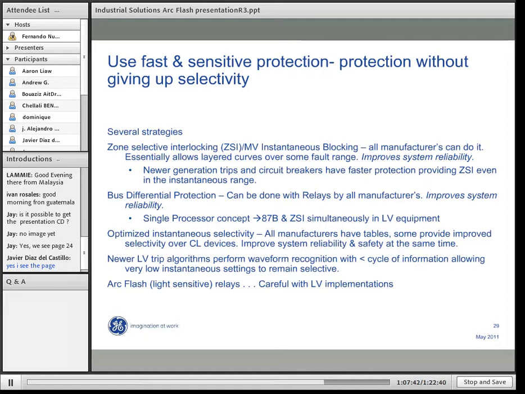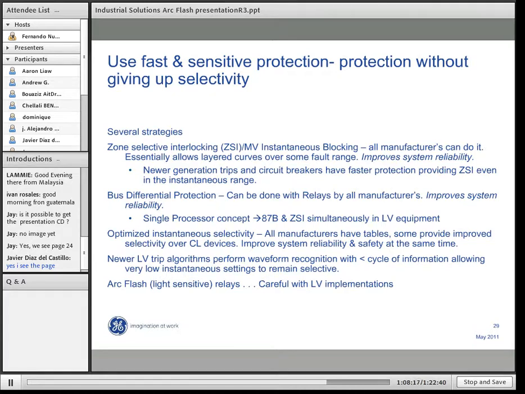Now, with low voltage switchgear having a single processor controlling the entire lineup in the newer designs, you can implement bus differential protection as well as zone selective interlocking in low voltage equipment, which greatly increases the safety of that.